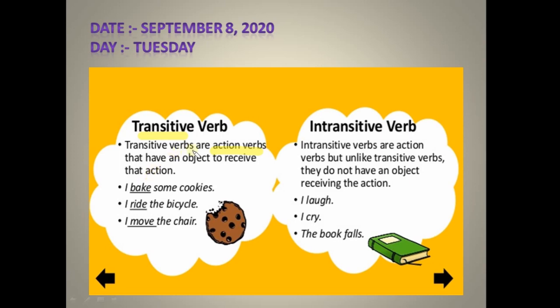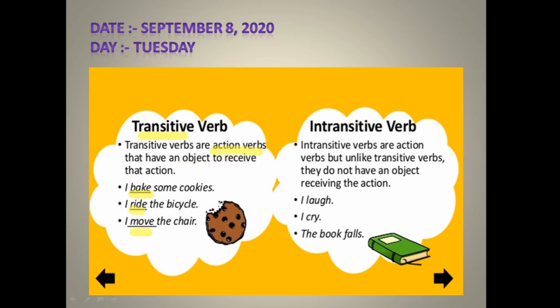Most of the time the action means bake, ride and move. We all can do the action of these words, isn't it? So these are transitive verbs. And as we know, they have an object to receive that action.